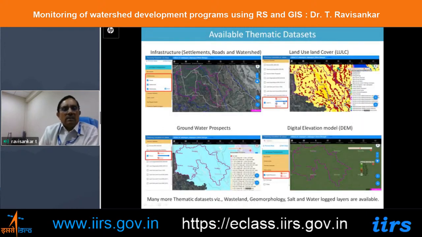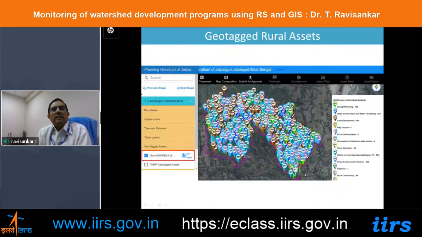Once you go to the thematic layers, you can see how the infrastructure information is available. This is the portal login. This is land use, land cover information. This is groundwater prospects, digital elevation model. And the already available data and already geotagged assets in the rural areas are given in this particular pictorial representation, category-wise, how many there are, and other things.